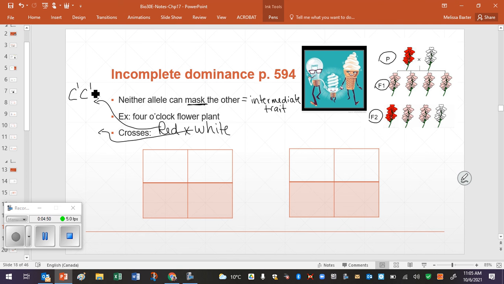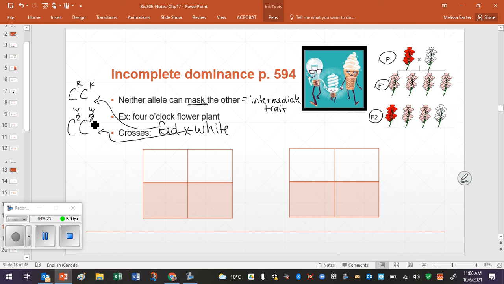Now sometimes you'll see this with numbers. Other times you might even see it with letters. So maybe there'll be an R here instead of a 1. What I hope you're seeing is that it's not super important whether I'm using a number or a letter, but I'm doing something to differentiate these color alleles from these. So I could put a 2 for white, or I could use the letter W.